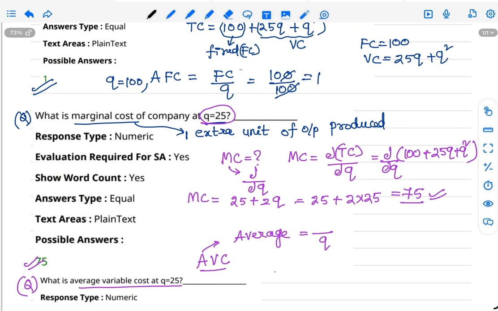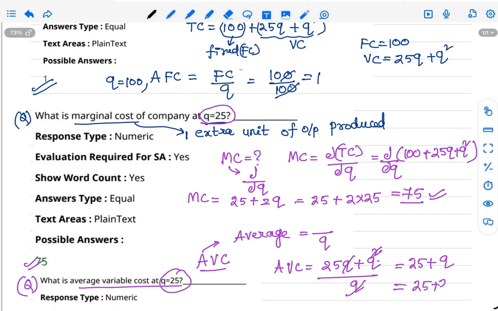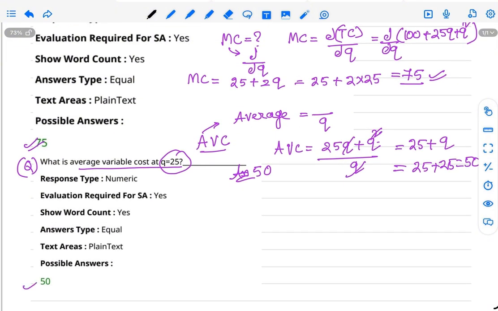So average variable cost equals variable cost, here 25Q plus Q square, divided by Q. That gives 25 plus Q. Q is given as 25, so 25 plus 25 equals 50. So the answer for this question is 50.